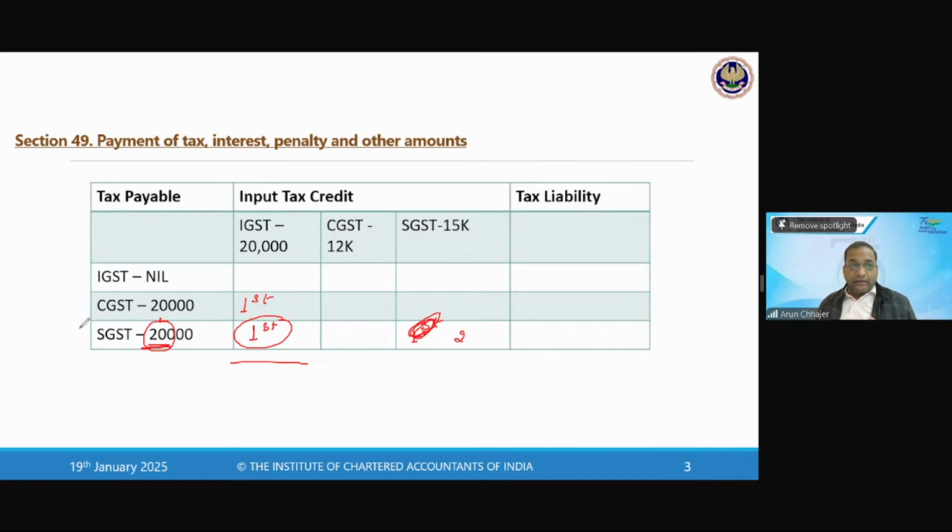My dear friend, after Section 49A and 49B, these are the provisions.